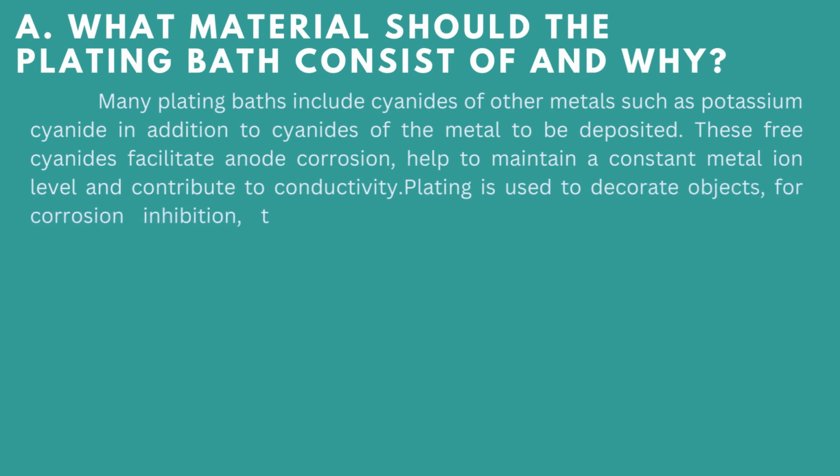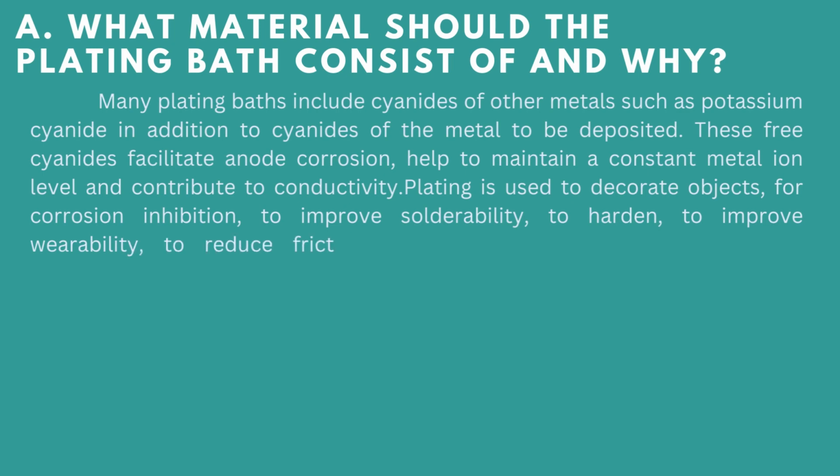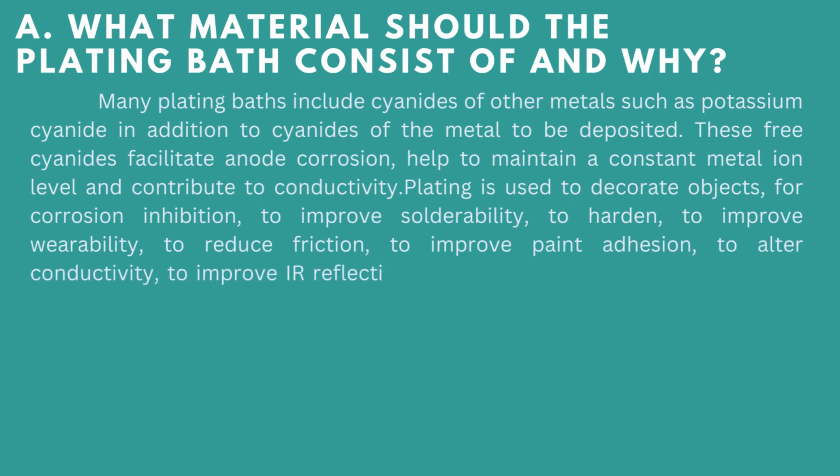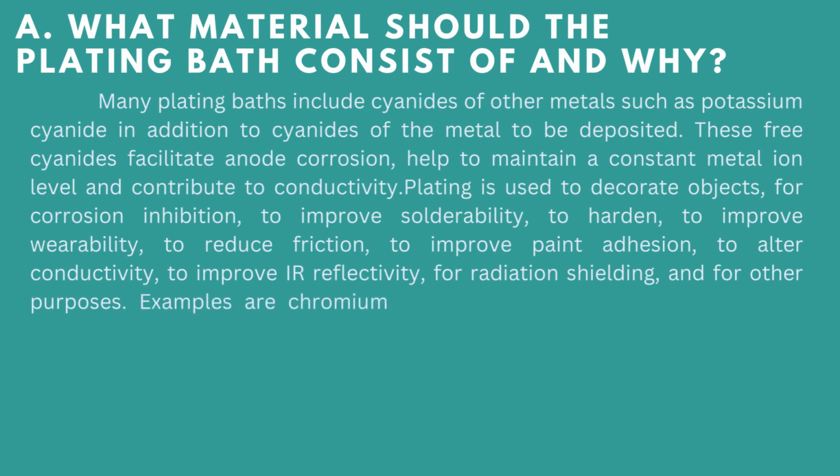Plating is used to decorate objects, for corrosion inhibition, to improve solderability, to harden, to improve wearability, to reduce friction, to improve paint adhesion, to alter conductivity, to improve IR reflectivity, for radiation shielding, and for other purposes.